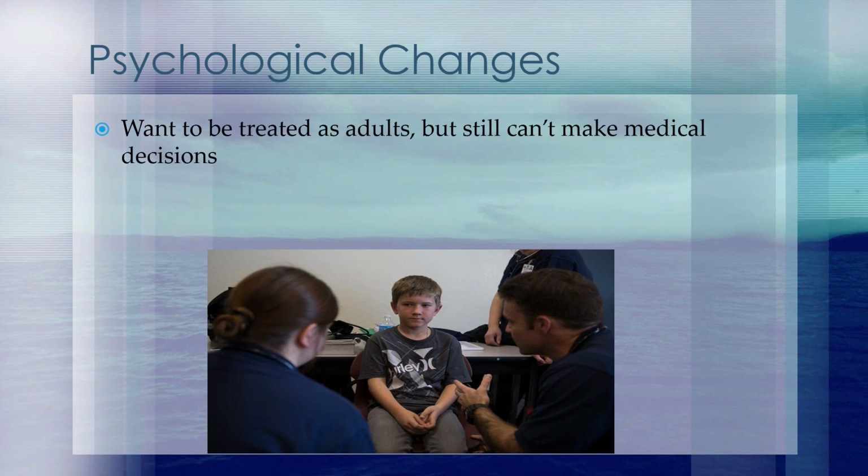For those of you who can remember back when you were in that age group, it's, I'm an adult, blah, blah, blah, but actually you're not. You're not developed yet to actually make those decisions. And then by law, if they are under the age of 18, they cannot make those decisions for themselves either, unless, of course, they're an emancipated minor.